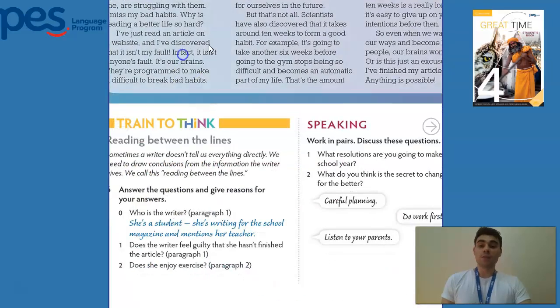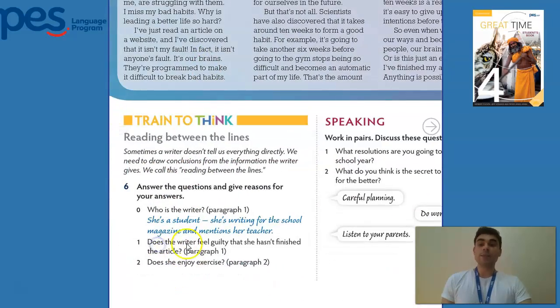So we can say that, yes, she feels guilty that she hasn't finished the article. Why? Because we see that she is not believing that she's still there writing the article. And the second thing is, this is not the first time she's doing this. So that's why the teacher says that she's always leaving things till the last minute.